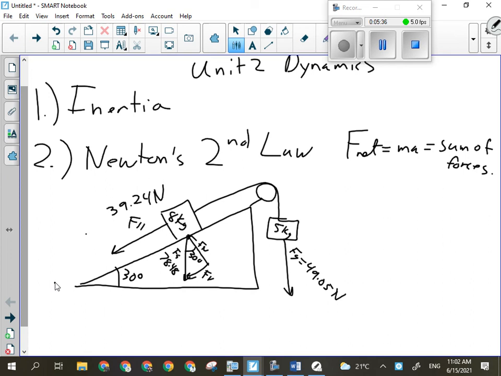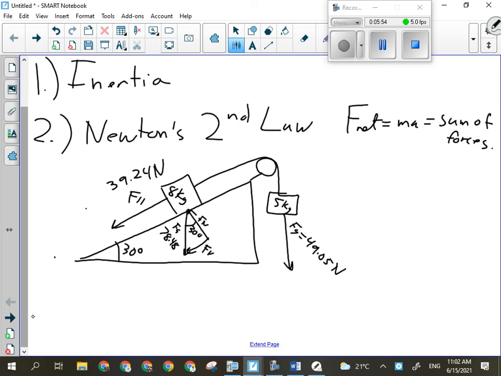So the 5 kilogram mass and the 8 kilogram mass have the same magnitude of acceleration. What's different is the 8 kilogram mass is going to accelerate up the ramp, and the 5 kilogram mass is going to accelerate straight down. And the question did ask, what is the acceleration of the 8 kilogram mass?